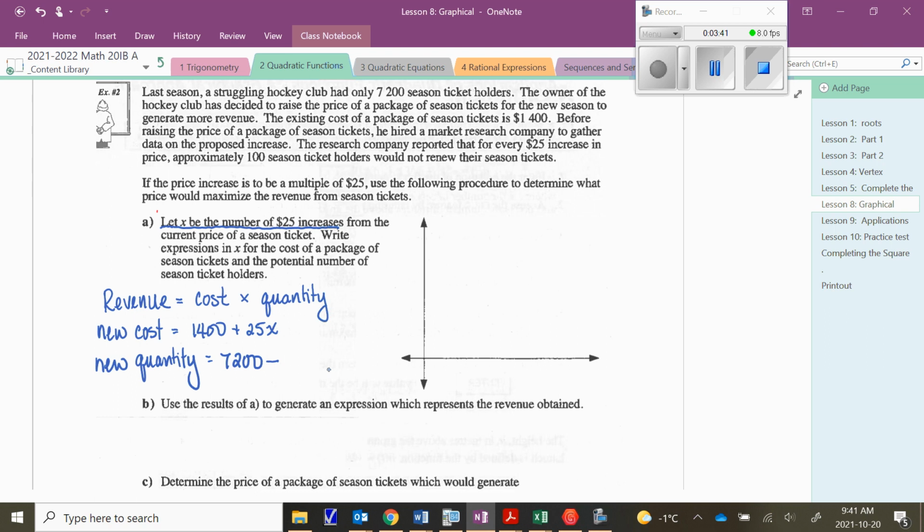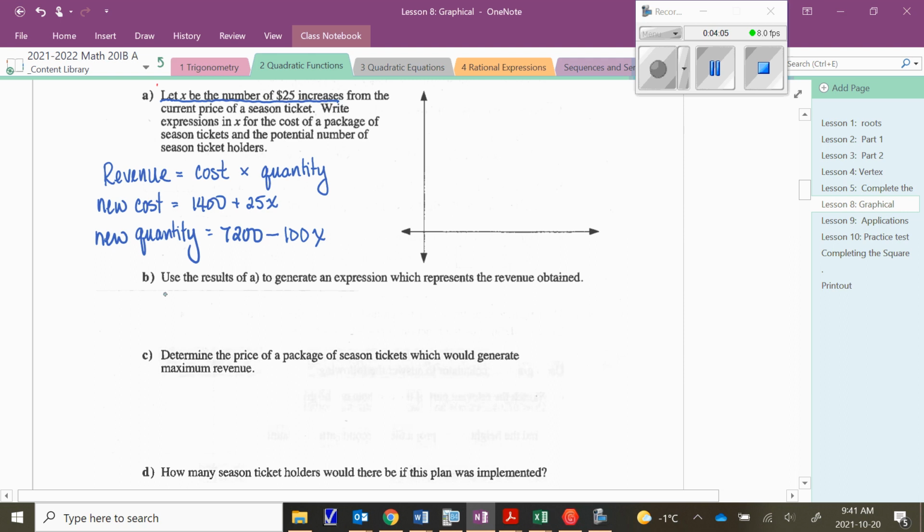If we increase it by 25 twice, x is 2, then we lose 200. If we increase it by 25 three times, so $75, then we lose 300. So that would be 7,200 minus 100x, where x is the number of $25 increases.